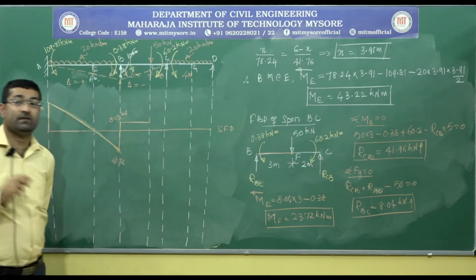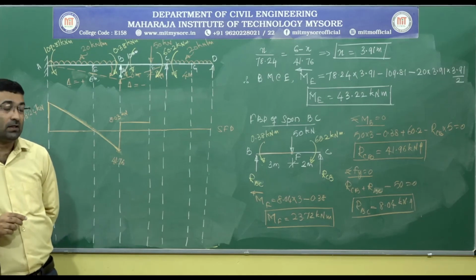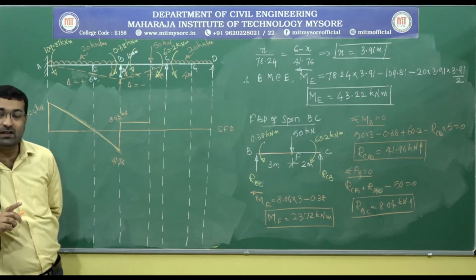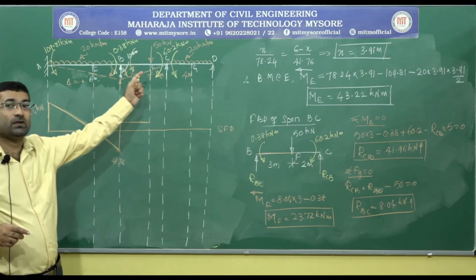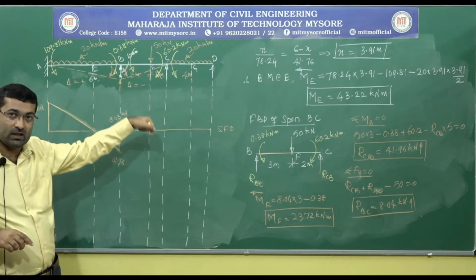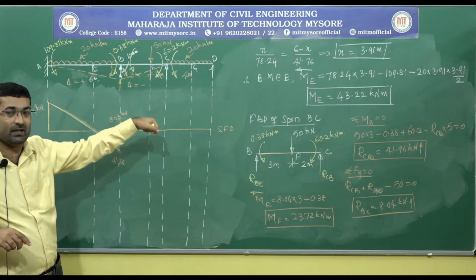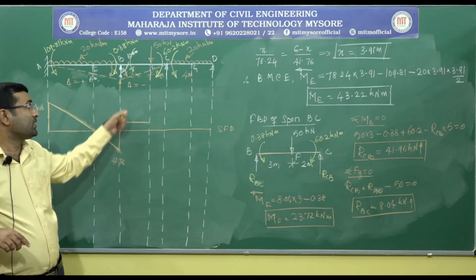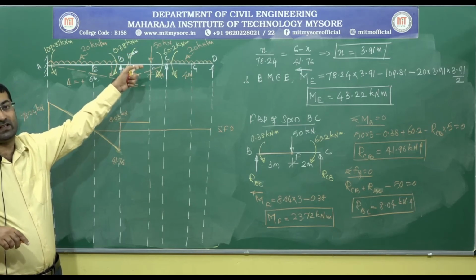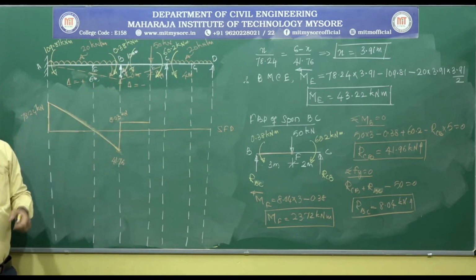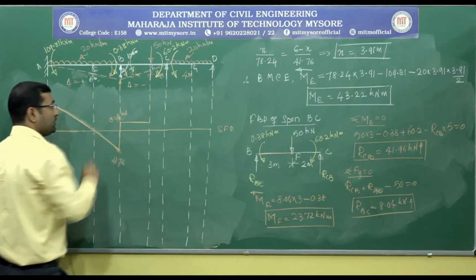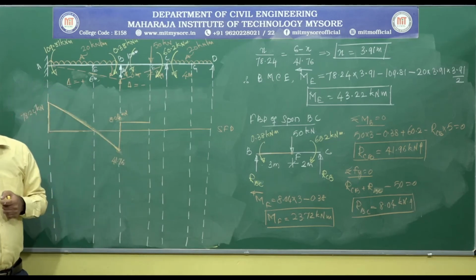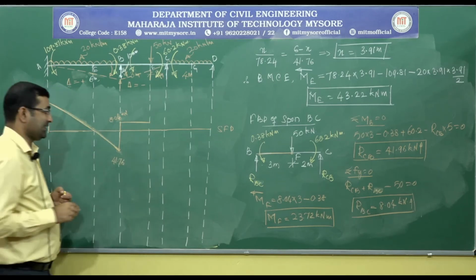So at F point we have a vertical load which is acting vertically downwards. This 50 kilonewton concentrated load, as it is acting vertically downwards, is negative. So 8.03 minus 50 gives you a negative value of minus 41.96.